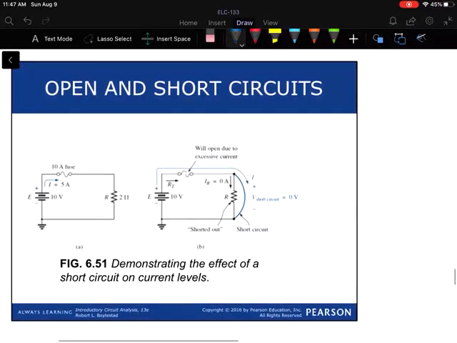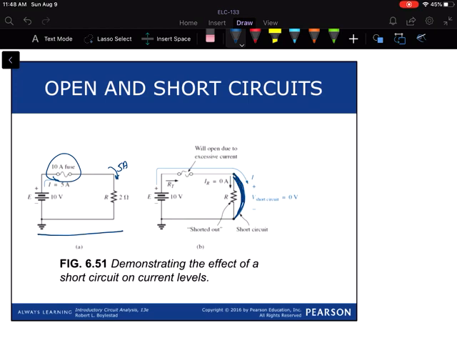So basically here in the first circuit, what we're seeing is that if all goes well in our circuit, we have 10 volts across 2 ohms of resistance. So we should have about 5 amps through here. And we have a 10 amp fuse, meaning as long as our current stays under 10 amps, we're fine. However, let's imagine that somehow we get this short circuit situation in our circuit and our current no longer has to go through our resistor.